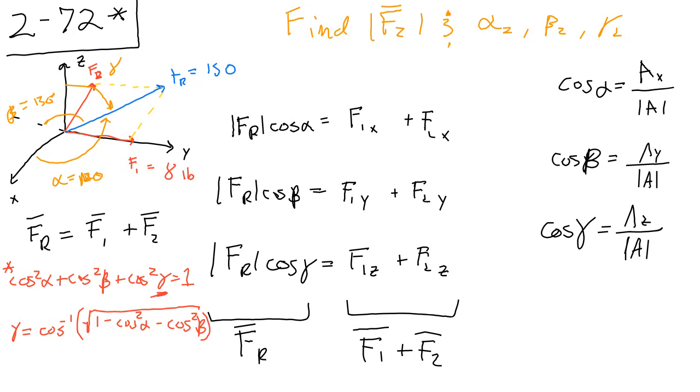They don't give it to us, so let's see, gamma. I think after doing that, we get gamma to be about 74.52.